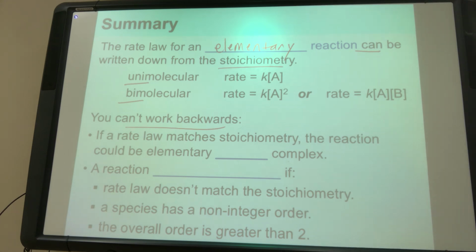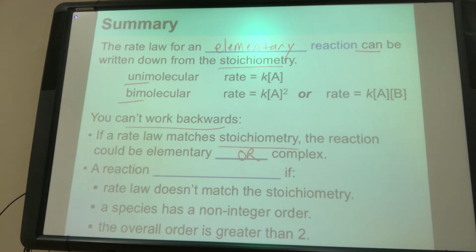I can kind of check to see if it's complex that way, but I can't for sure. So if a rate law matches the stoichiometry, the reaction is elementary or complex. If it doesn't match, then I automatically know it's complex. But if it does match, it still could be complex, and I just got lucky that it matched up.